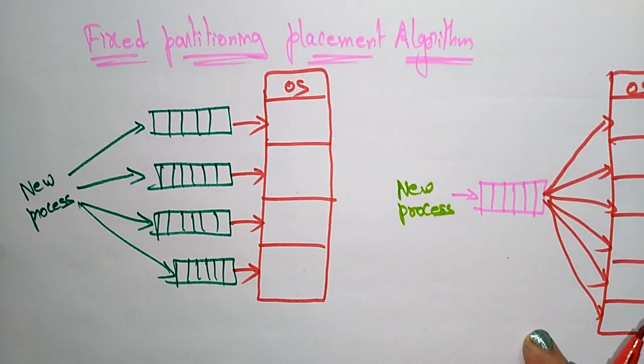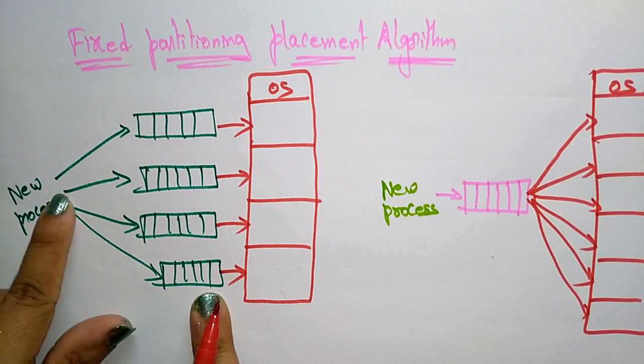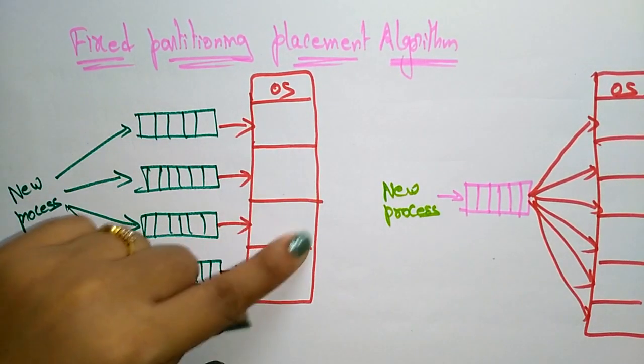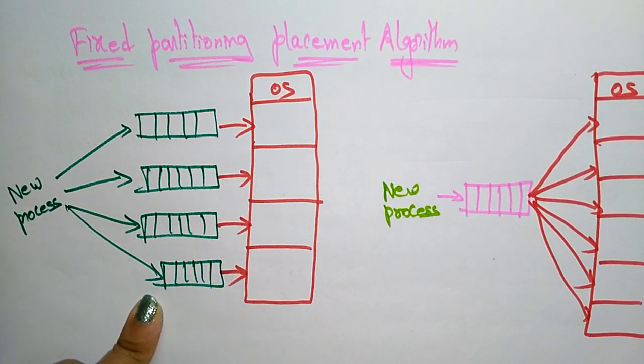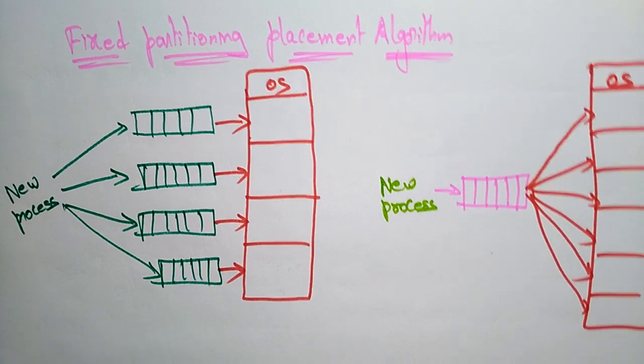This is the single queue fixed partition placement algorithm, and the other is one process queue per partition. So this is about the fixed partitioning placement algorithms.